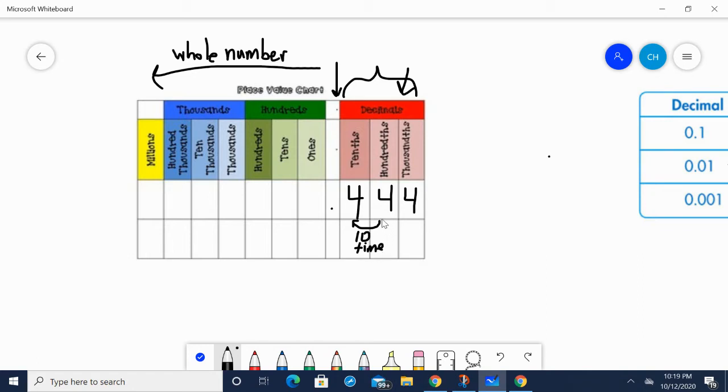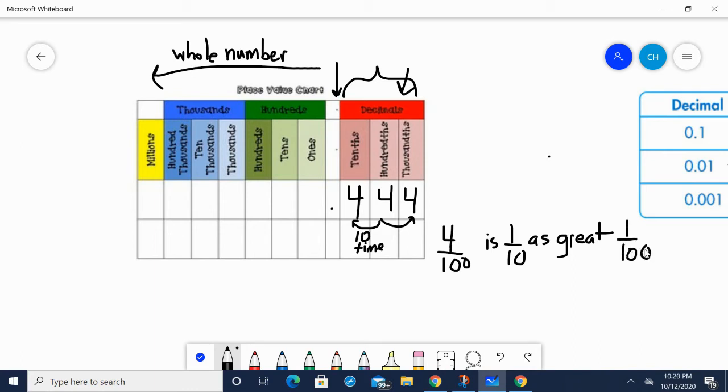Now, if we were going to the right, then that means that our hundredth place, so that would be 4 hundredths, is 1/10 as great as the tenths place.